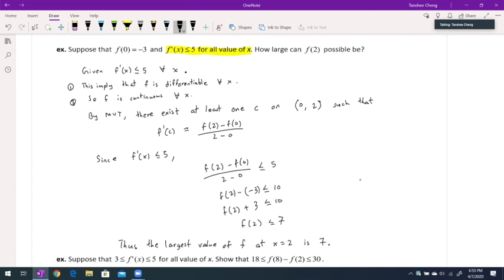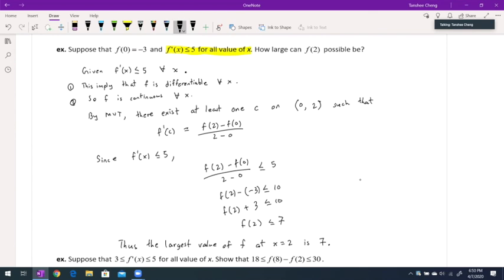F is differentiable at all the x value, and because of that, f is continuous on any point. So by knowing those two, now I can say that by the mean value theorem, there must exist at least one number c on the open interval of 0 to 2.